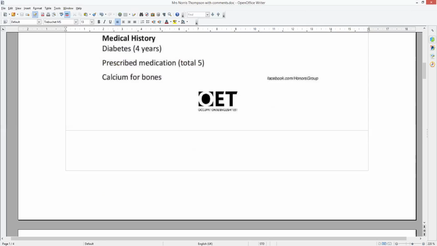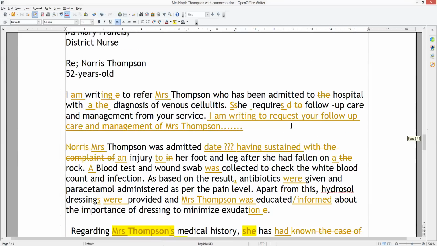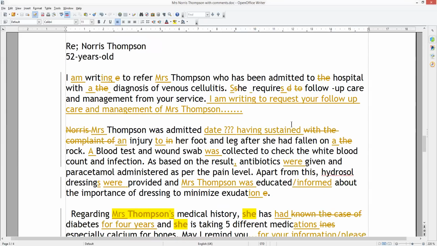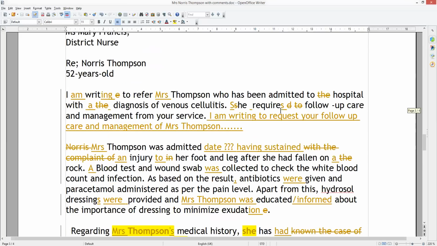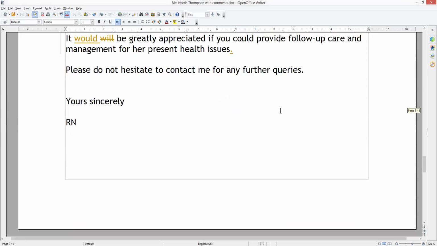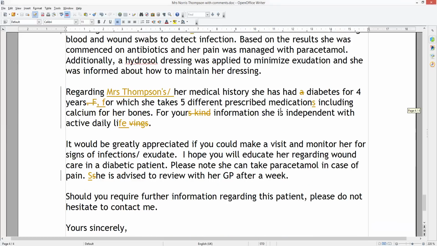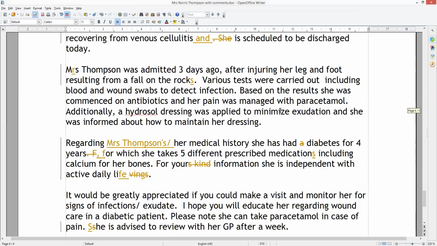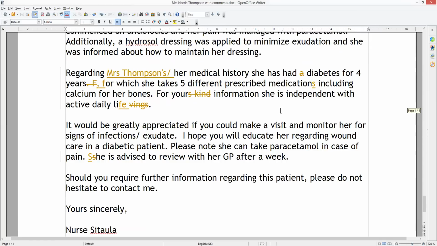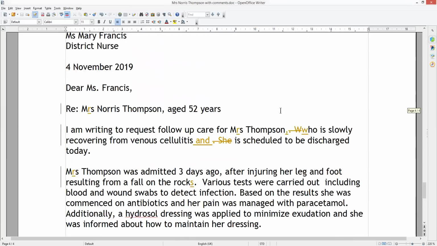What would be the score for this writing? Well, the first one, probably C, because there are many mistakes here. There would be no way she could get over C in that one. This one, not too bad. This one, I would probably give a B. Whoever wrote this would probably scrape a B, because it's not bad.